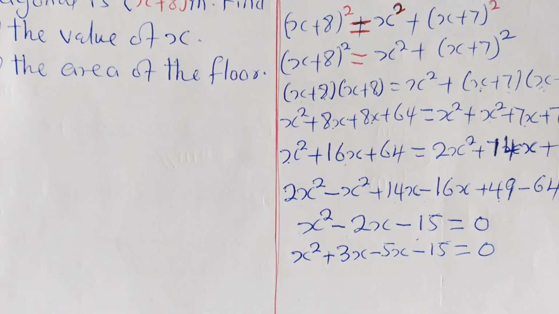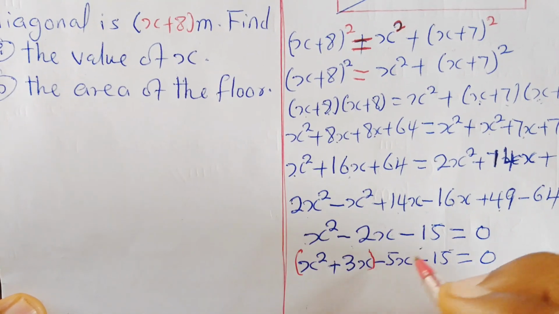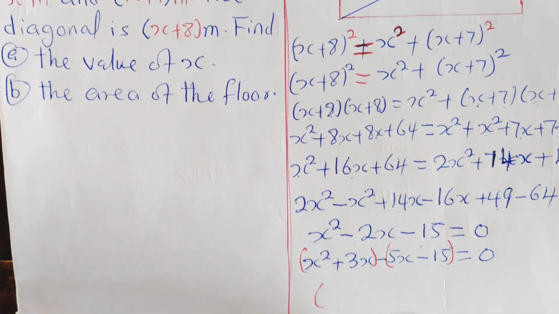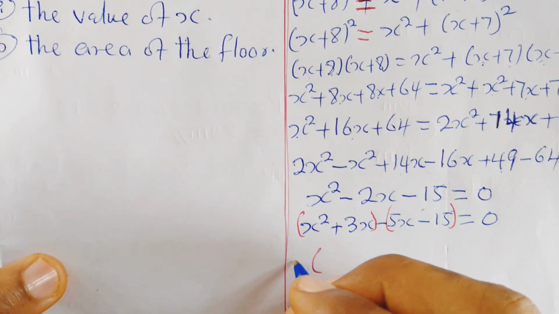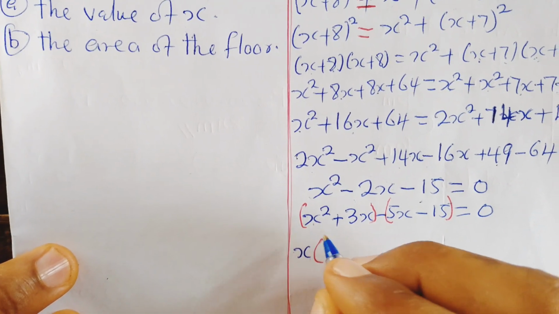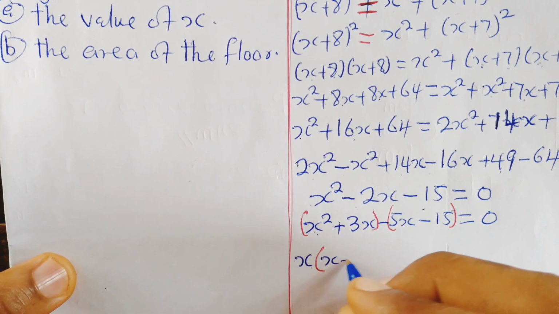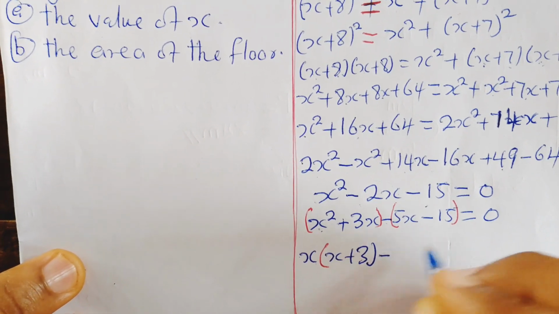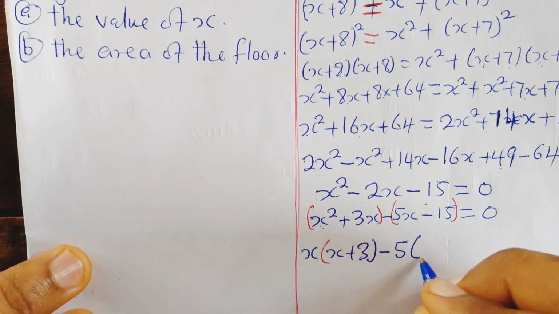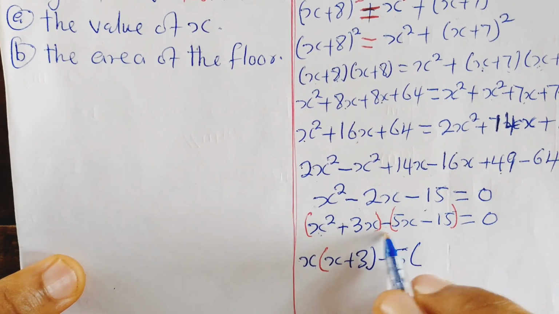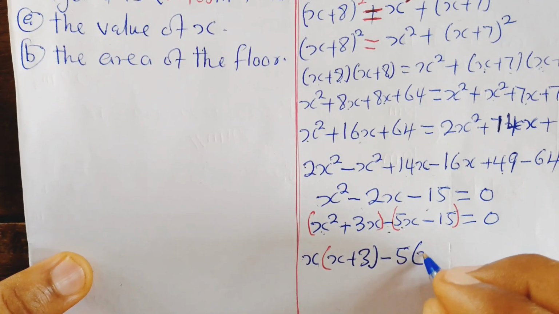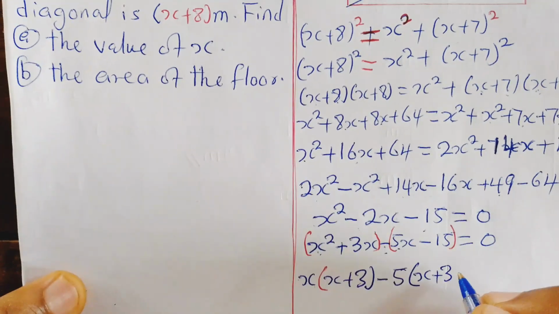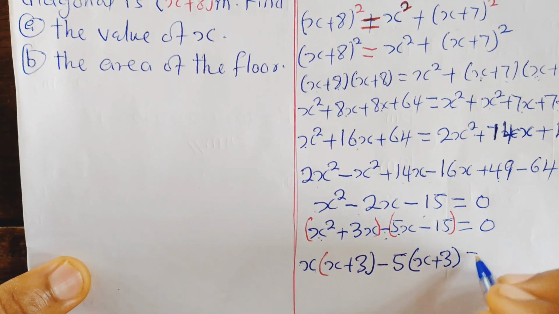So now I need to factorize. Here x is common, so I will say x is common here. Then I am left with x here, so it becomes x plus 3. In this place, negative 5 is common, so 5 is common to both terms. What is left here is x, then this is negative, negative will give me plus 3, is equal to 0.